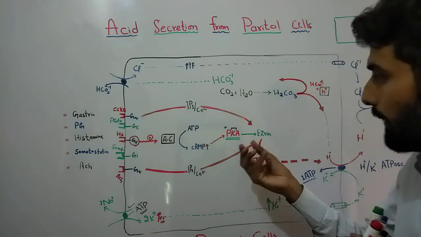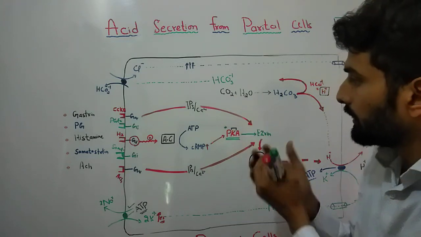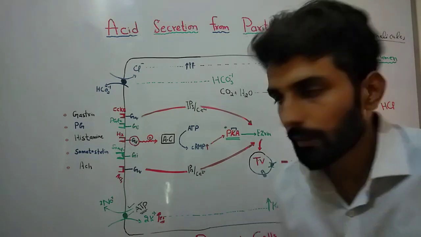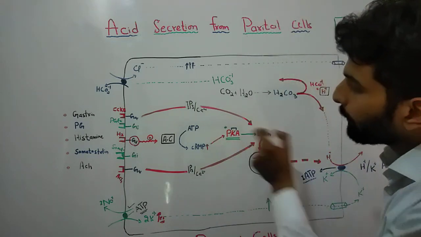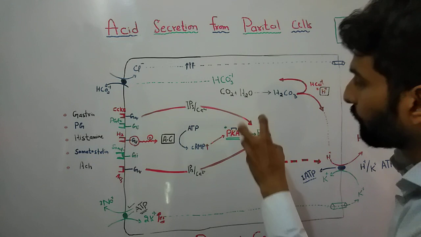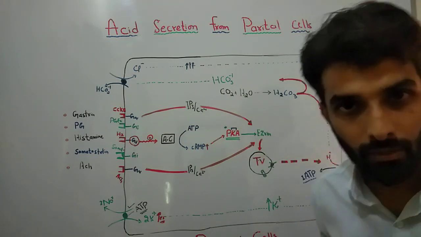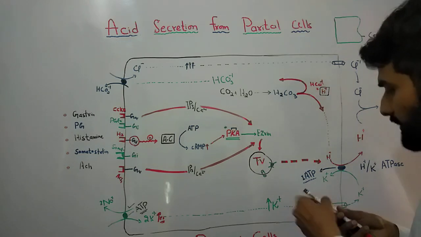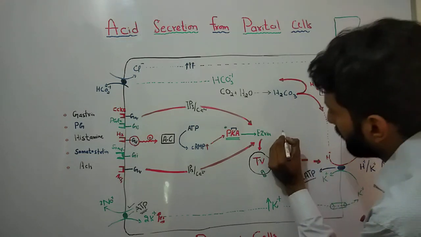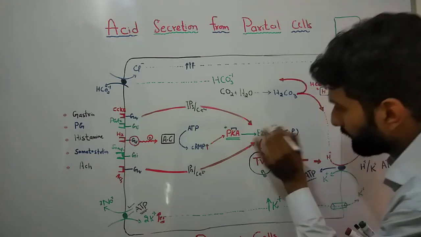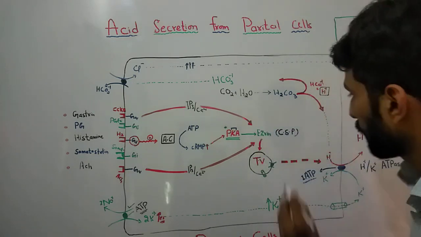They are responsible for attaching a phosphate group on other proteins. Similarly, this protein kinase A will activate the gastrin protein, which is a member of the cytoskeleton proteins. What is the role of this protein? I will explain after one minute.